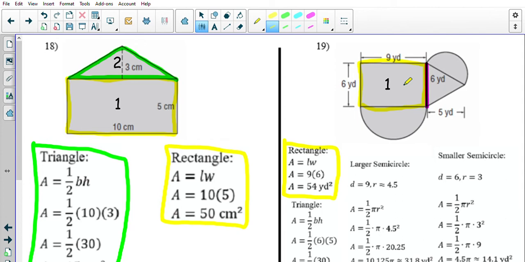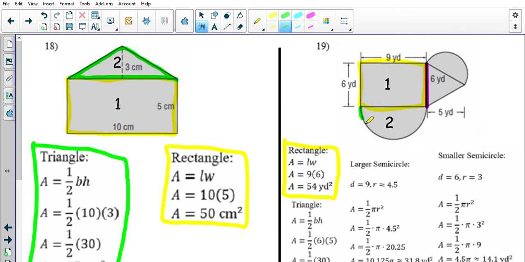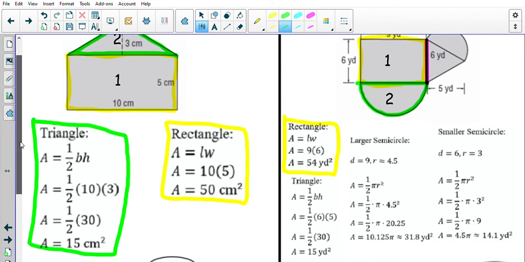All right, let's do our larger semicircle next. I'm going to call that region 2, which is going to be right down here. I'll highlight that in green. So that's going to be this region right here. And the diameter going across is the base of this rectangle here, which is 9. So the diameter is 9. The radius is 4.5, half of 9.